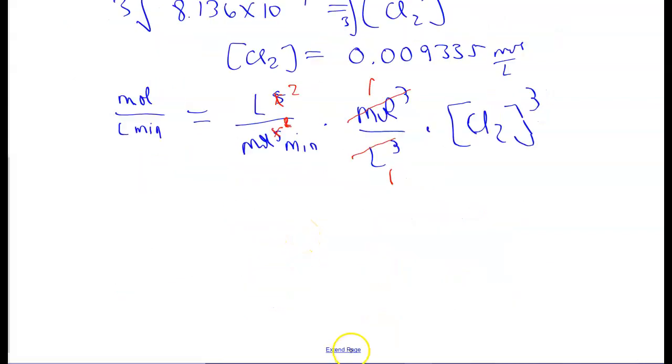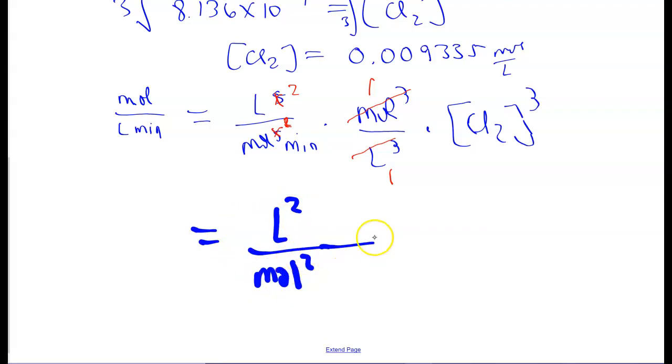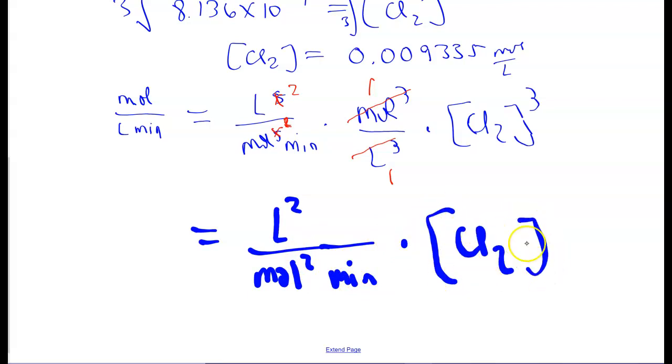So then on this side we have liters squared, moles squared, minutes, times Cl2 cubed, because we're going to have liters squared times 1, so liters squared, moles squared, that's a 2, times minutes times 1, that's how I get moles squared minutes. We still have over here moles over liter minutes.